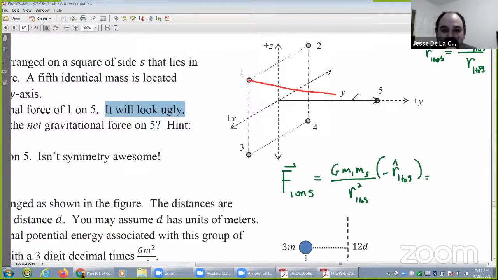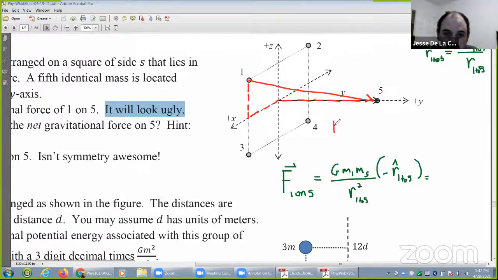Isn't that the same thing as going down to the x-axis, going into the origin, and then going over? Isn't that the same vector? Yes. So tell me what it is.